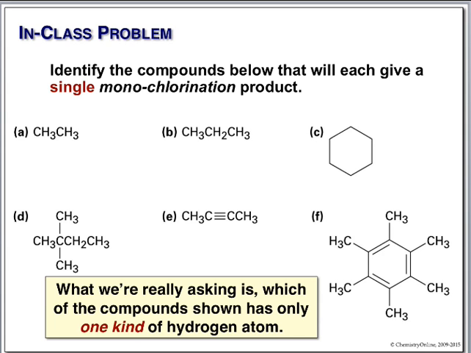Cyclohexane. We know that there are axial and equatorial hydrogens, but remember, ring flip is so fast that essentially they're not. They all blur together. So this is going to be one type of hydrogen. How many do we have here?